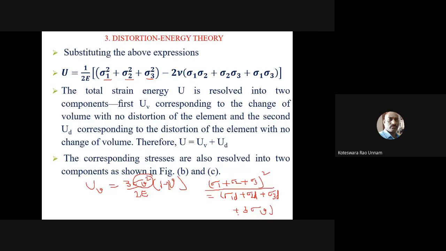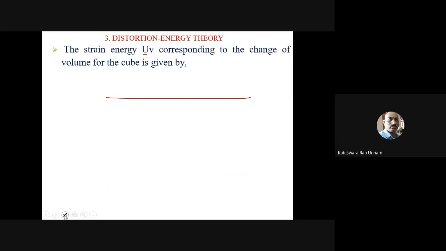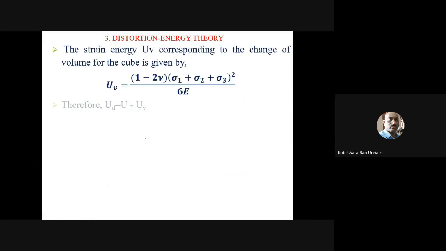If I simplify this, I'll get those two relations. If I use those two relations, this is the equation for the volumetric strain. Here 3 sigma v square can be represented by sigma 1 plus sigma 2 plus sigma 3.